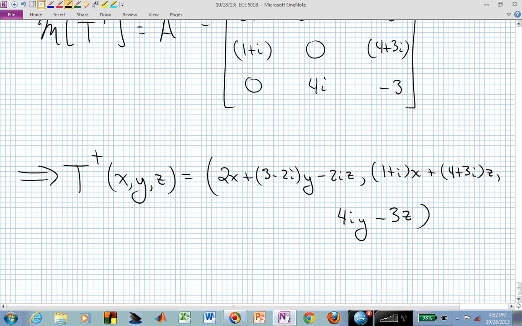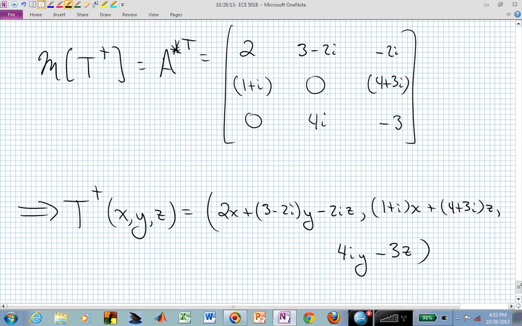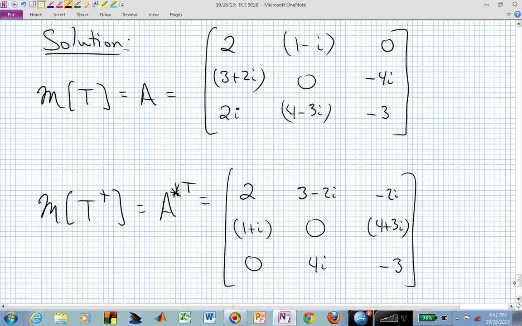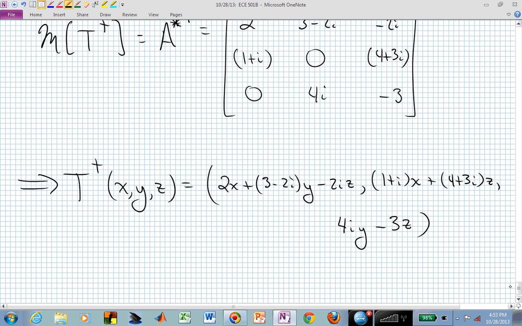Now you have a picture or an image of a matrix representation of a linear map. This is now with the field of complex numbers. That's okay. And we have its adjoint. And if you wanted to write it as these linear maps, this is what it would look like.